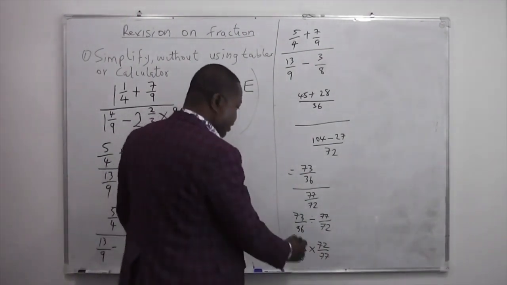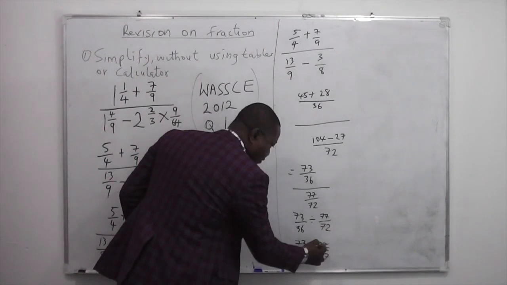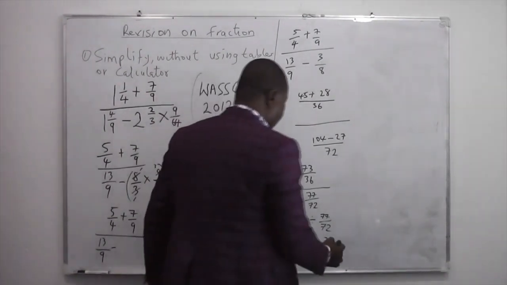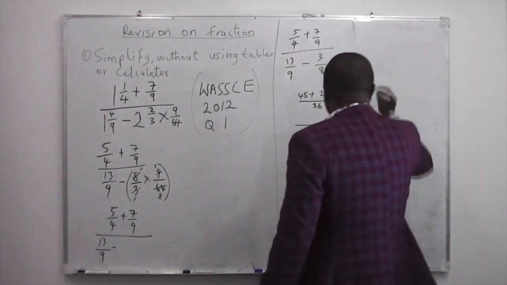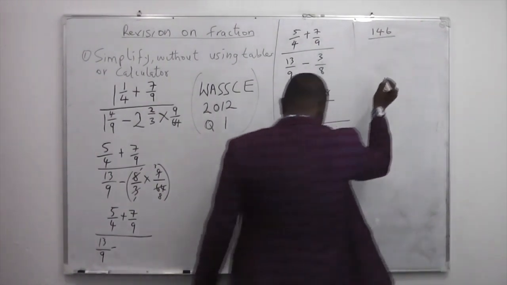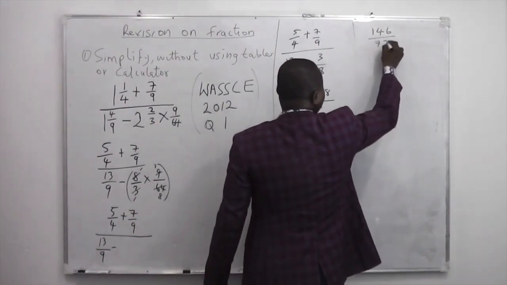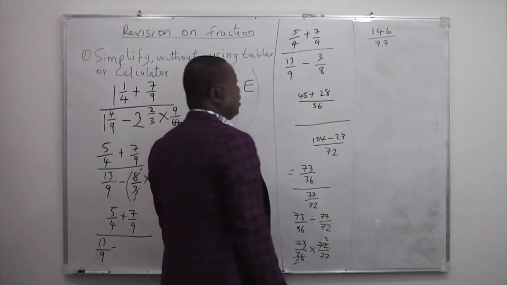At this point, 36 can cancel 36, gives me 1. This 36 cancels this one, gives me 2. I'm left with what? 73 times 2, which now becomes 146 all over 1 times 77 is 77. Now you have to divide the 146 by 77.